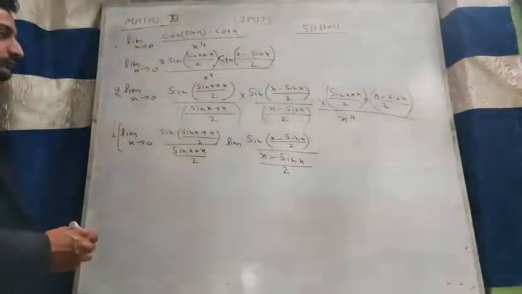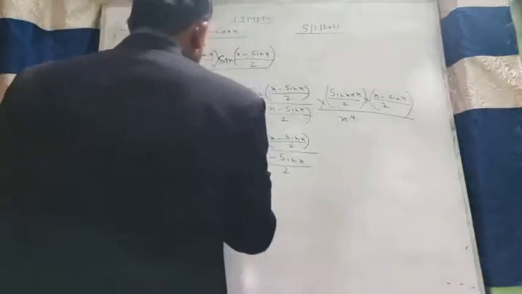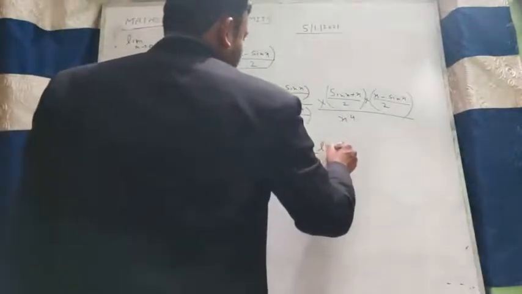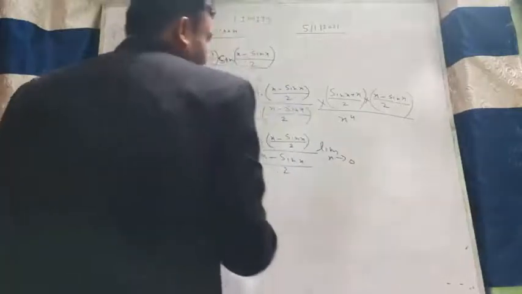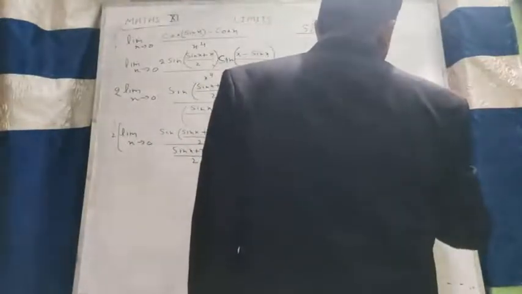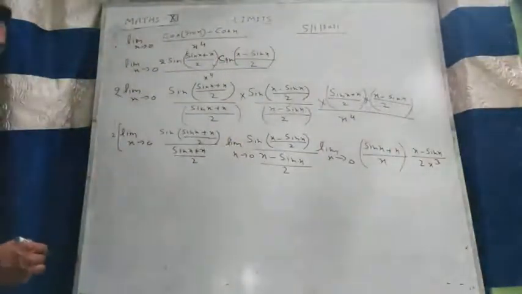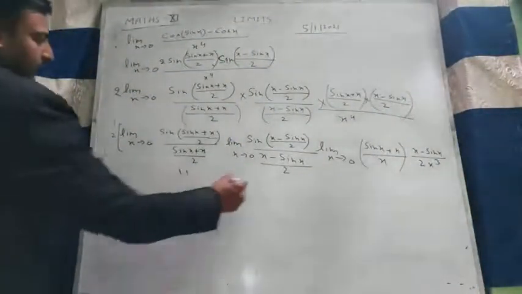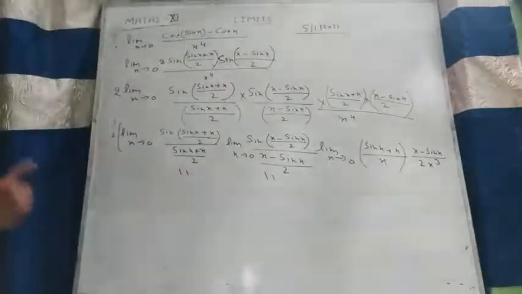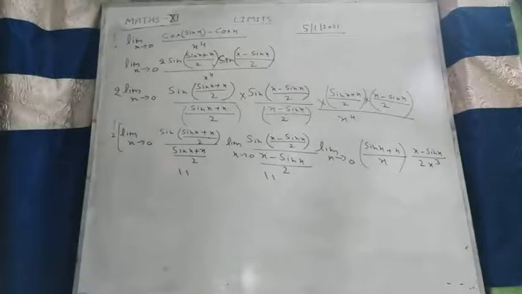Okay, student. And here we also write limit x tends to 0 of (sin x plus x) by x and (x minus sin x) by 2 x cube. Okay, student. Now you know this first limit is equal to 1, and we will put the limit in the last term, then we can get the result.